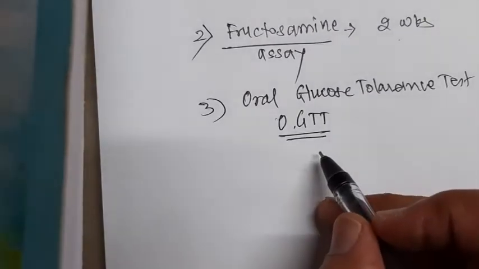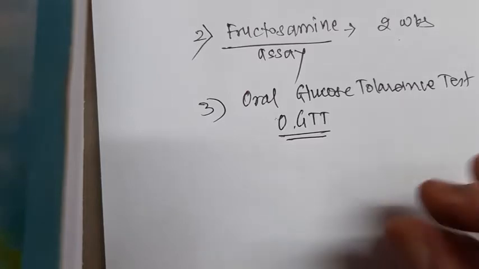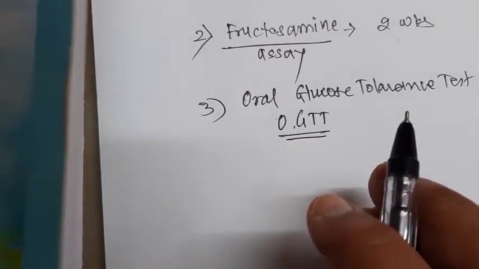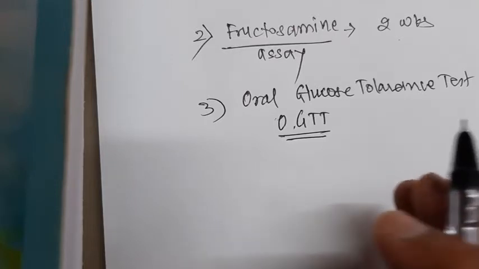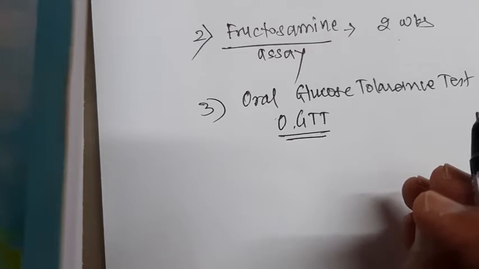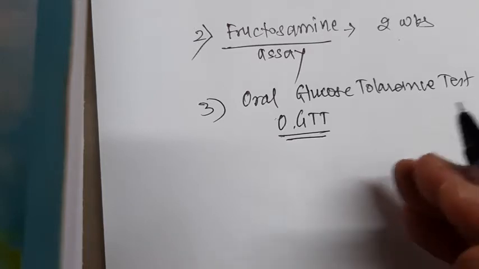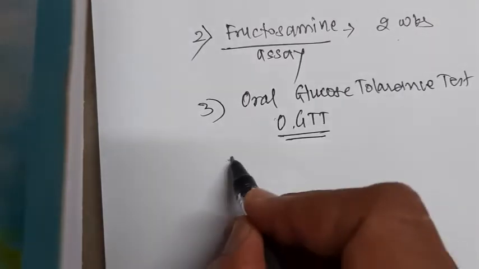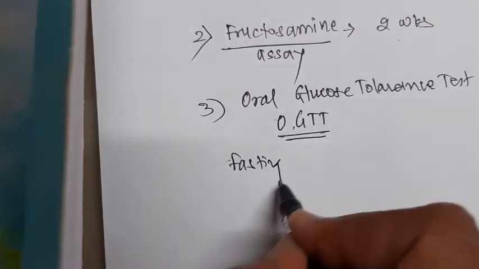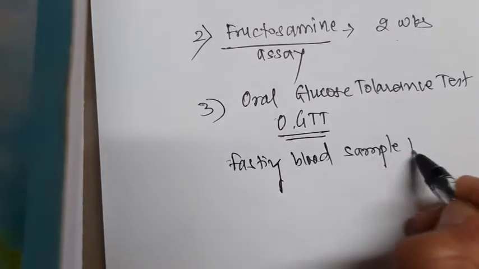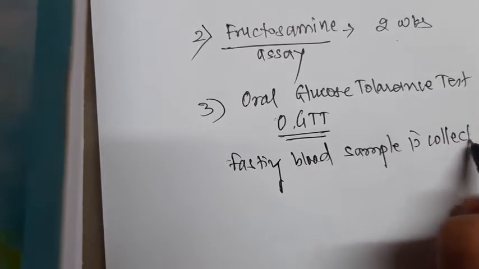In this test, some quantity of sugar is given to the individual who is suspected of diabetes mellitus, and then blood samples are collected. Initially a fasting blood sample is collected from the individual.